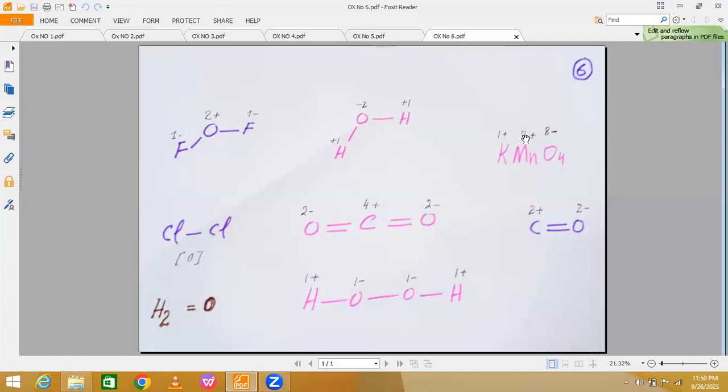So addition of 8 plus to 8 minus would give us 0, and as a whole, the oxidation number of KMnO4 would be equal to 0. So on this principle, we can find out the oxidation number of the different individual atoms in molecules or in ions.